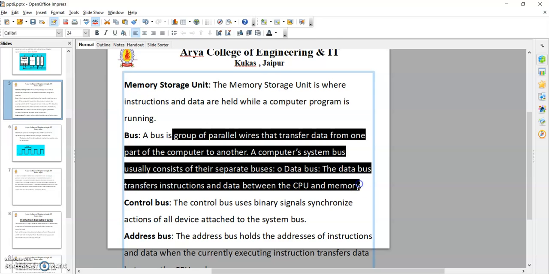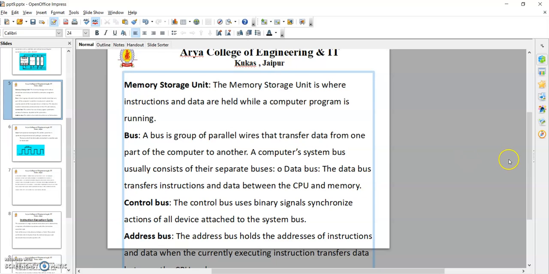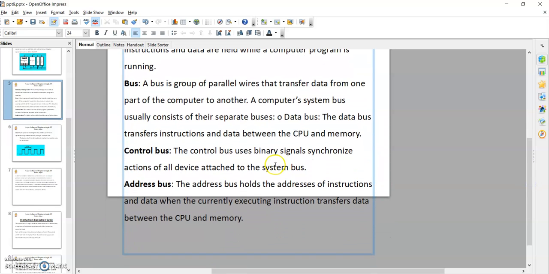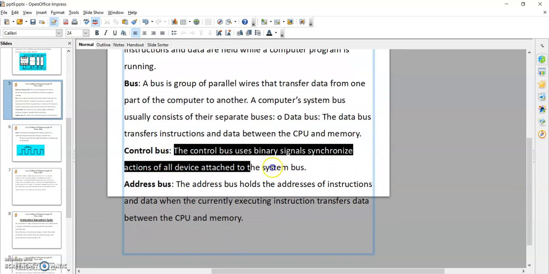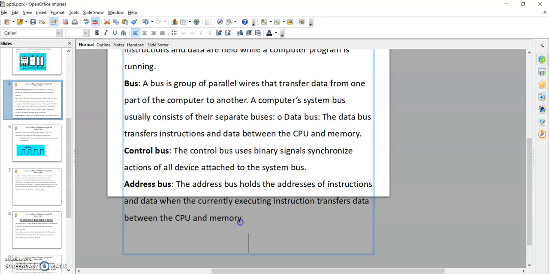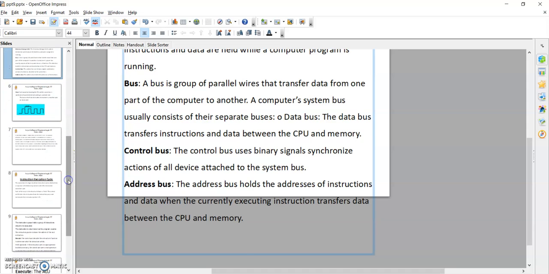It implies they can be a data bus, an address bus, etc. The control bus uses binary signals that synchronize the actions of all the devices attached to the system bus. The address bus holds the addresses of instructions and data when the currently executing instruction transfers data between the CPU and memory.